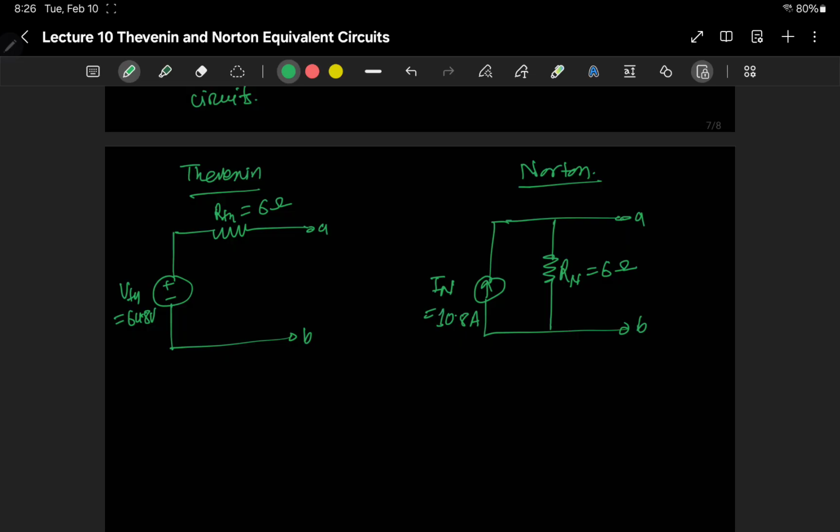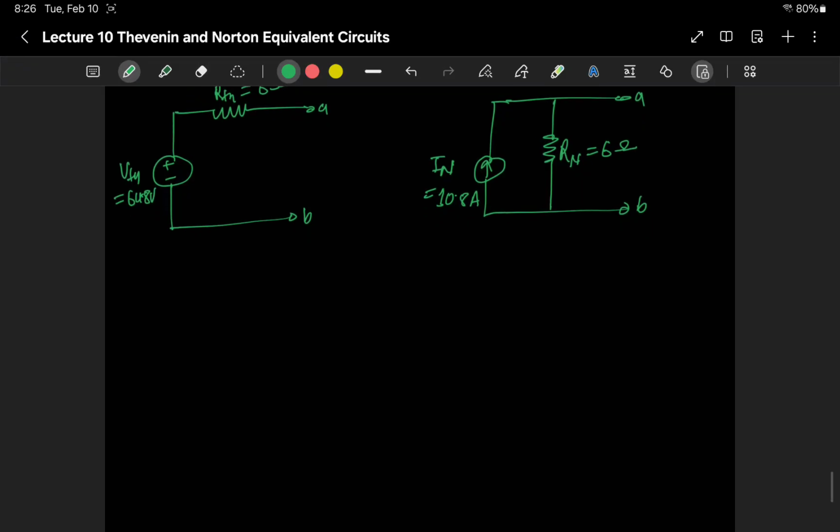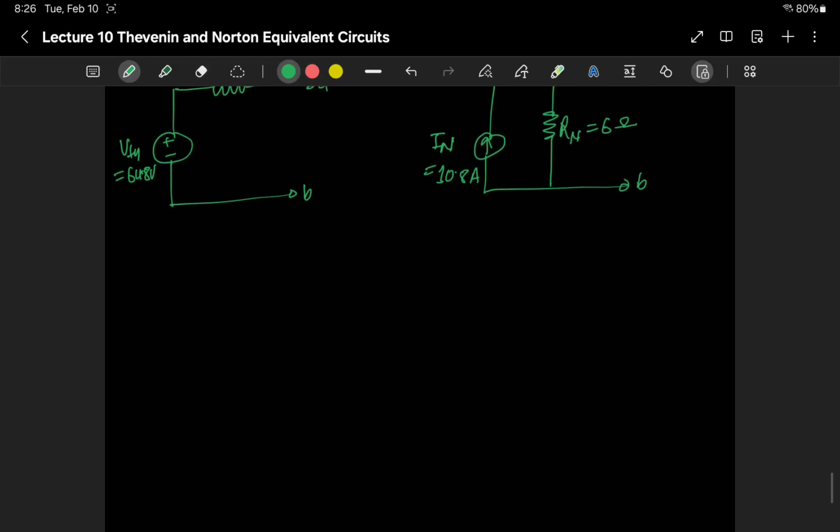So this lecture is going to be longer than I expected. I'm going to include the case where we can find the equivalent circuits when there are dependent sources.